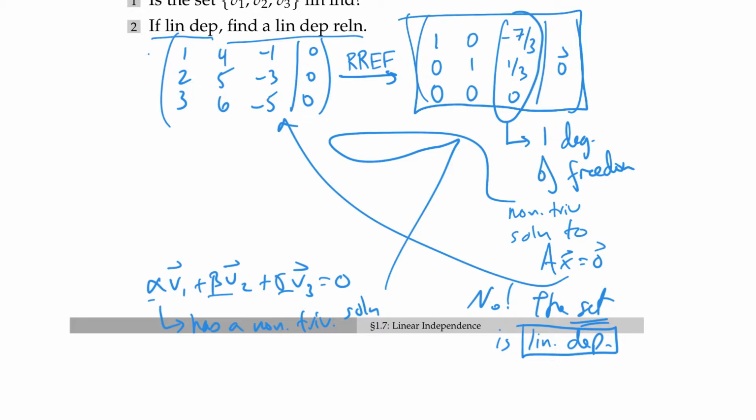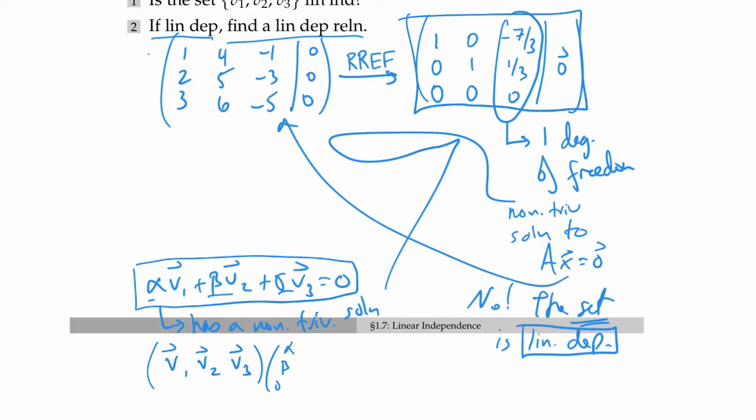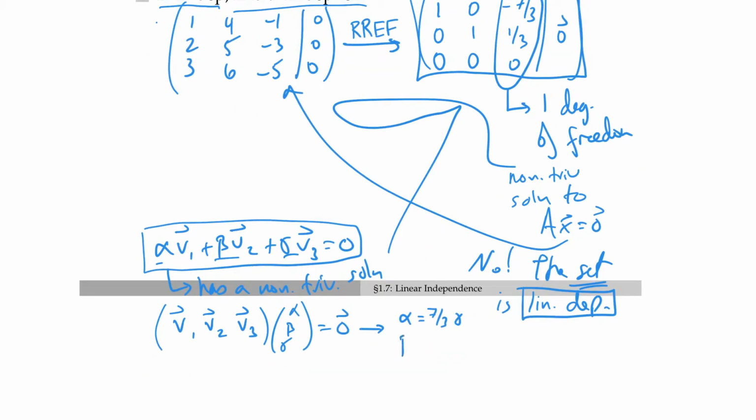If I view my original equation as a homogeneous system, what I did was I formed v1, v2, v3 times some alpha, beta, gamma equals the 0 vector. Well, reduced echelon form tells me that alpha equals 7/3 of gamma, beta equals negative 1/3 of gamma, and gamma is free.